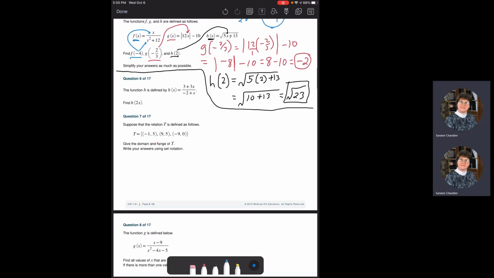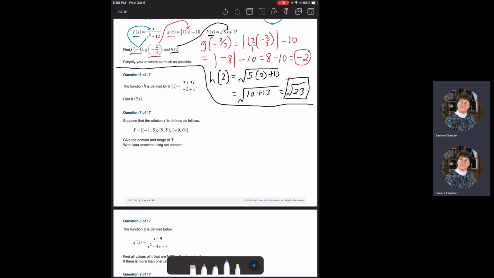Question 6 is just like what we've been doing. Instead of just putting a number in for our x, they're going to want us to use a 2x. So our function is h of x equals, numerator is 3 plus 3x, denominator is negative 2 plus x. So they want us to take that 2x and plug it in for each of these x's.